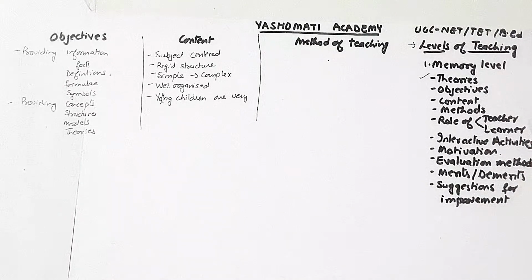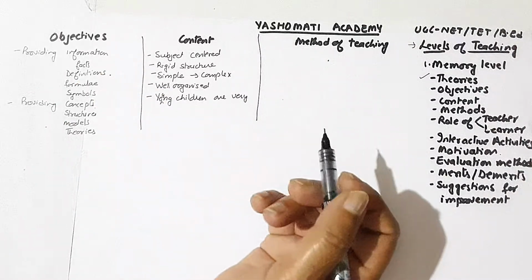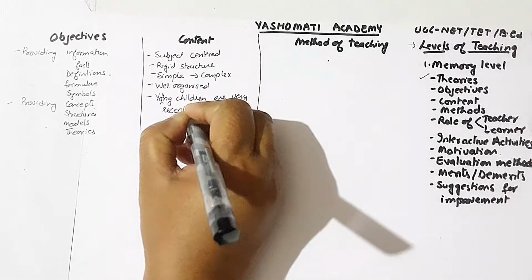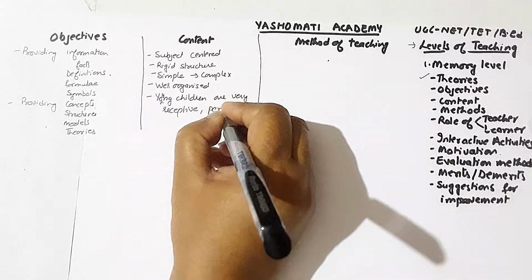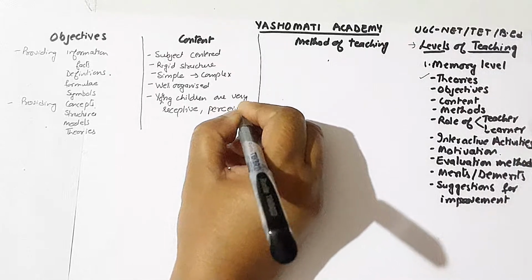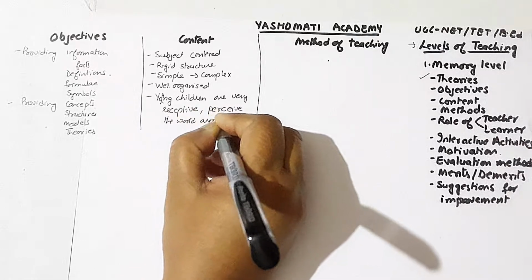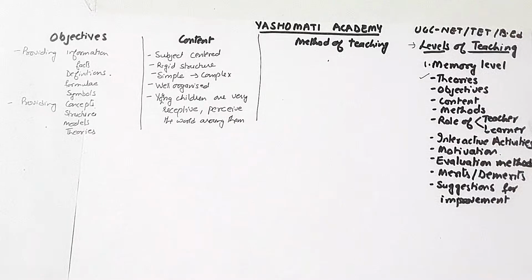So at a young age, children can be taught with this level of teaching because they are very receptive and they perceive the world around them, because they are very inquisitive about it.